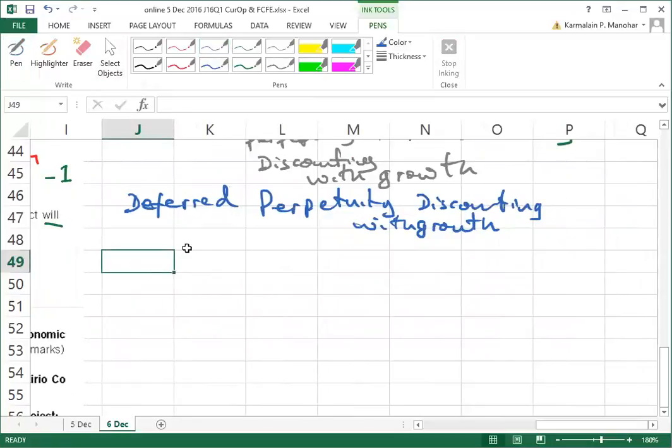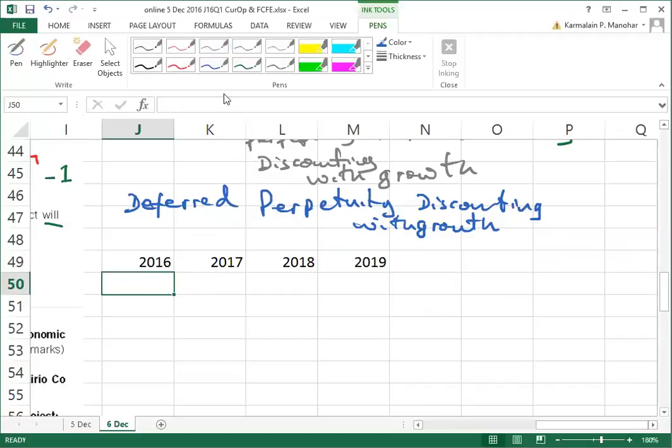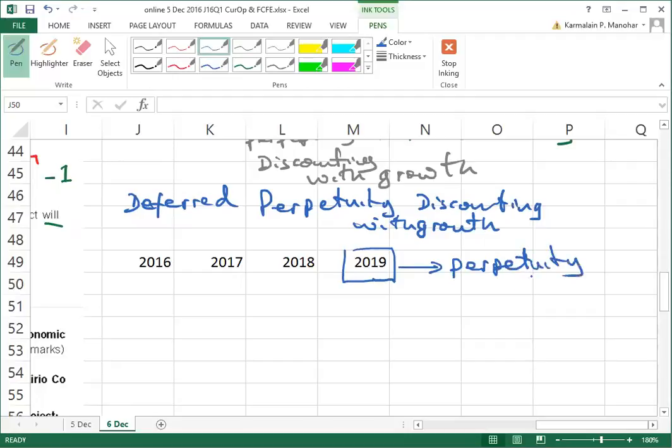So the deferred perpetuity discounting with growth, we will have our years 2016, which is now, then 2017, then 2018, then 2019. So in 2019, we now have the perpetuity with growth.